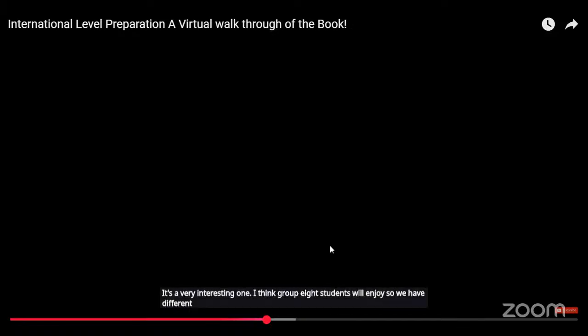Finally, we have here the closing argument of a lawyer, where he compares the condition of the person who is about to be convicted to a little bird in the hands of a little boy who has hidden that bird in his hand. This is for group number, I think, 8. It's a very interesting one. I think group 8 students will enjoy it. So we have different types of ordering, as you can see here.